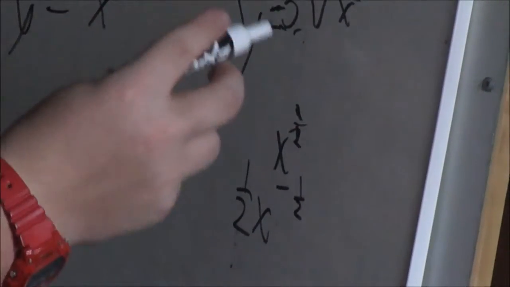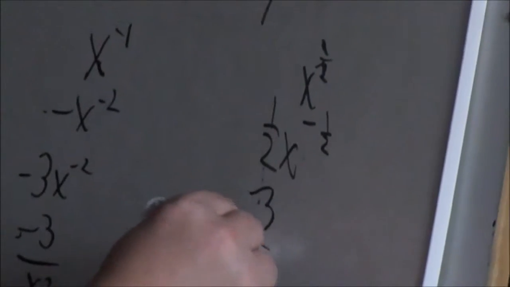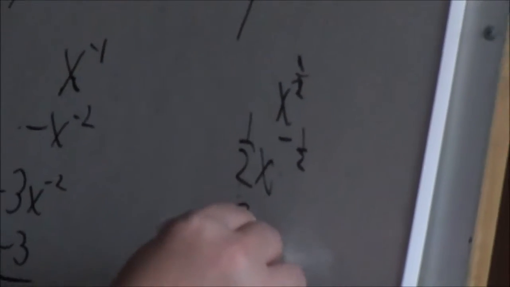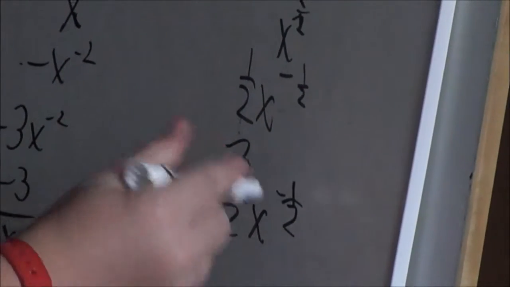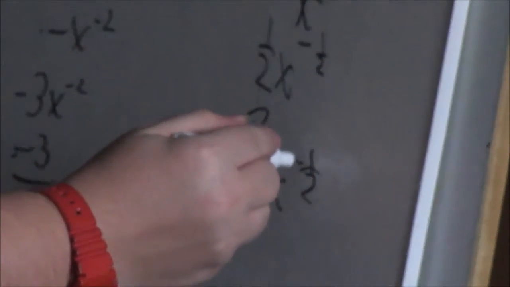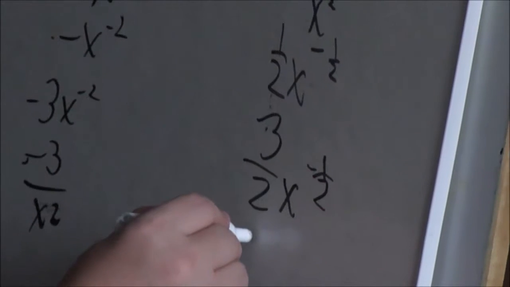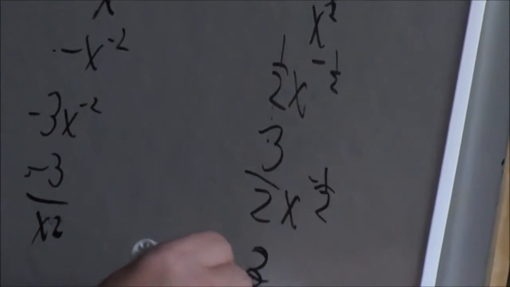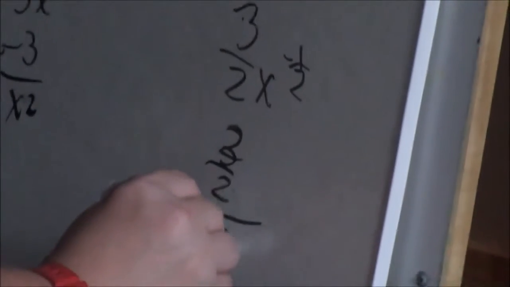So then you multiply the 3 back in, and it makes it 3 over 2x to the negative 1/2. And then, because of the negative, it becomes a dividing, and because of the 1/2, it goes back into a square root. So it becomes 3/2 over the square root of x.